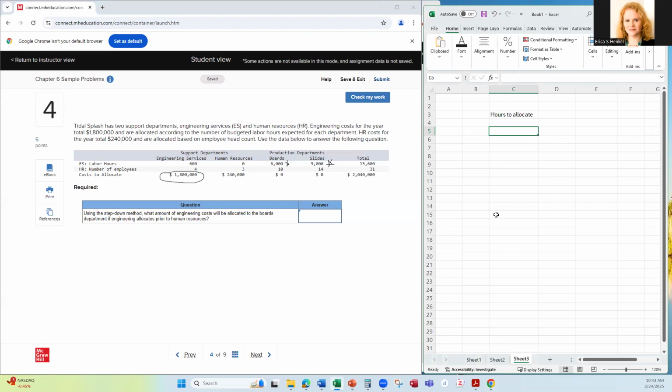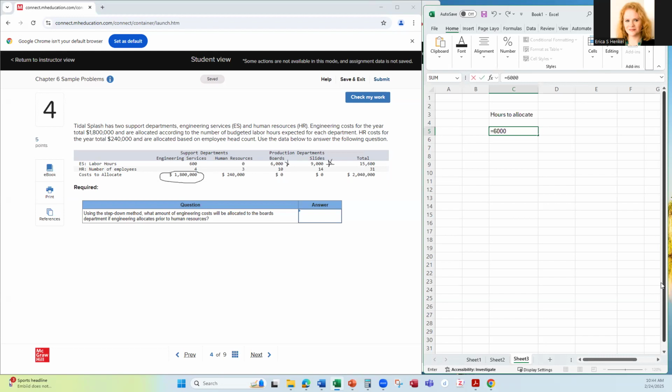Engineering costs: yes, engineering allocates prior to human resources. So even if human resources had hours there, we would allocate it based on there. So we've got 15,000 hours, and they are asking how many should we allocate to boards.